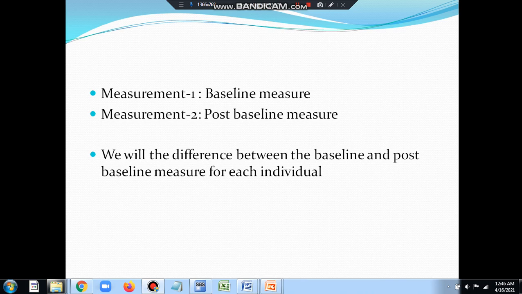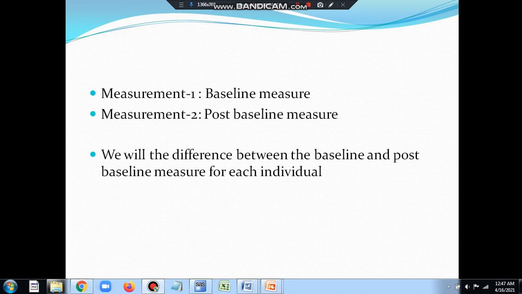It's called a matched subject design. So when we do matching of the groups in such a way that both the groups are almost similar in nature, in all respects, for all those parameters which can have an impact on the dependent variable, then also we can go for a paired sample t-test.